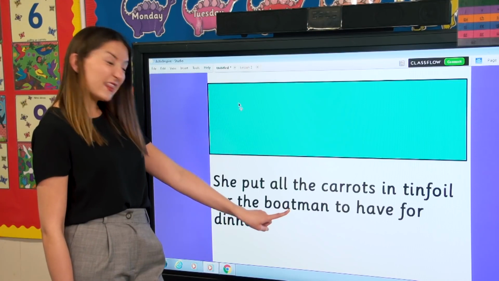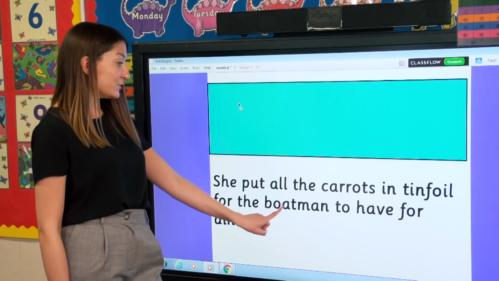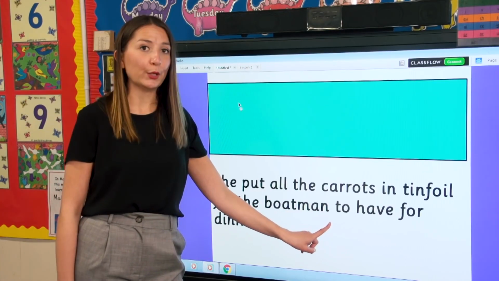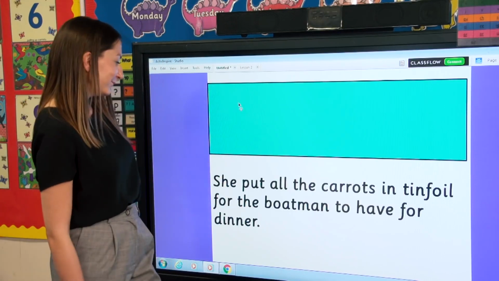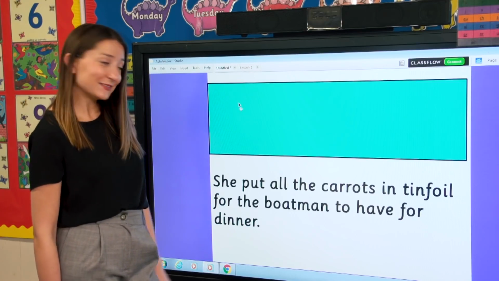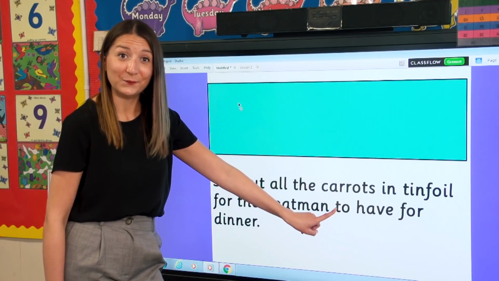Well done. This is also a compound word. I can see two words put together to make one word. Can you see any tricky words we already know? Yes, this word and this word are tricky words we already know.